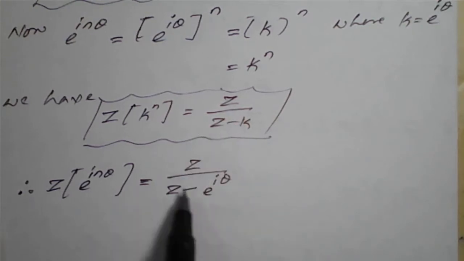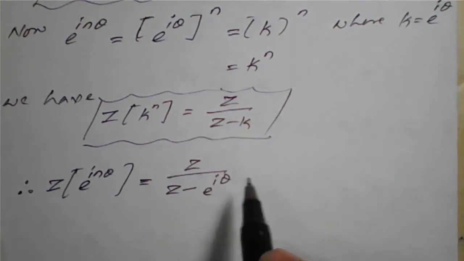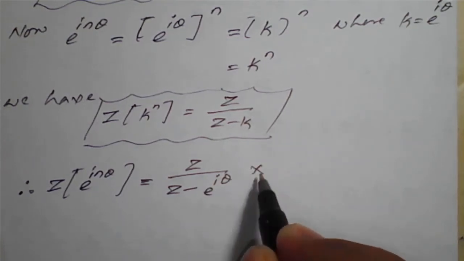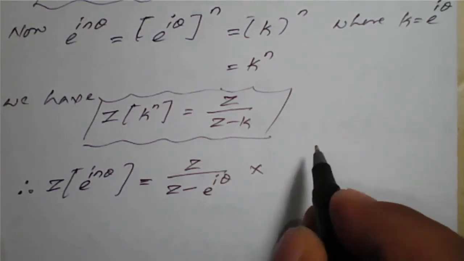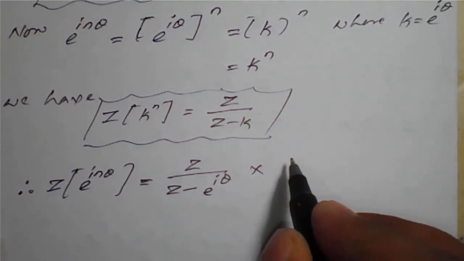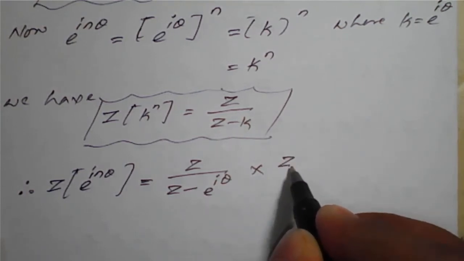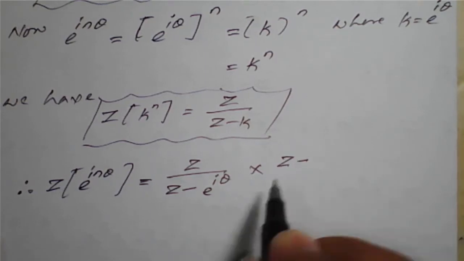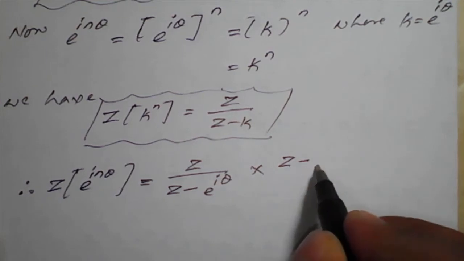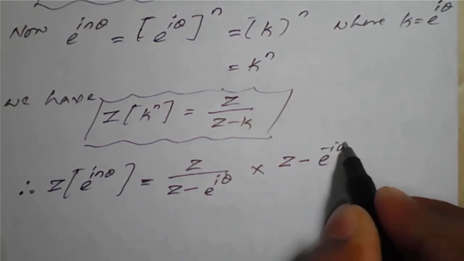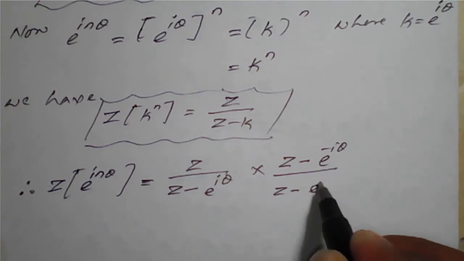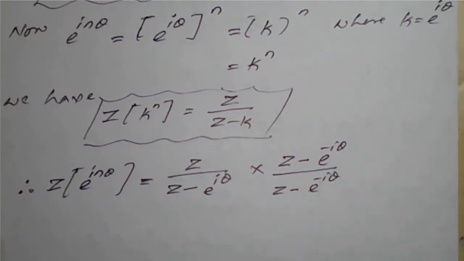I have applied it here. Once we get this, to simplify the right hand side we have to rationalize it. It will be z minus, so I will rationalize e raised to i theta, that is e raised to minus i theta, divided by z divided by e raised to minus i theta.